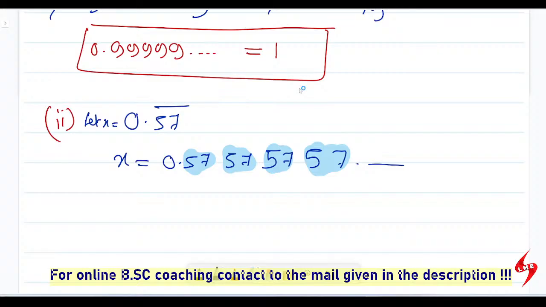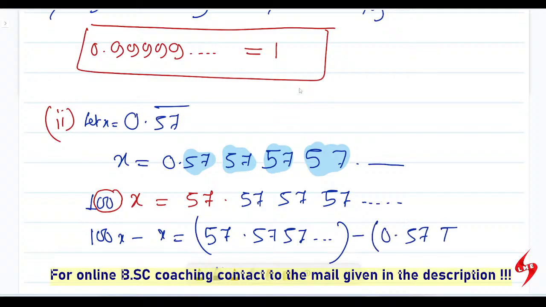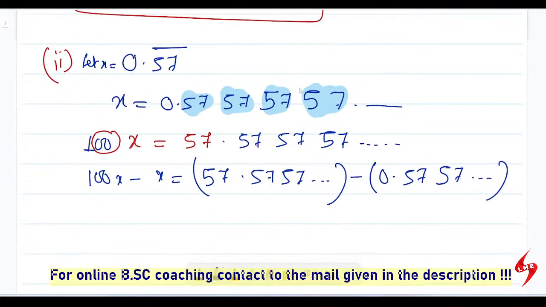So you have to multiply with 100. The number of zeros is as much as the length of the period. So 100x will be 57.57, 57, 57 and so on. Now 100x minus x will be 57.57, 57 and so on, minus 0.57, 57 and so on.